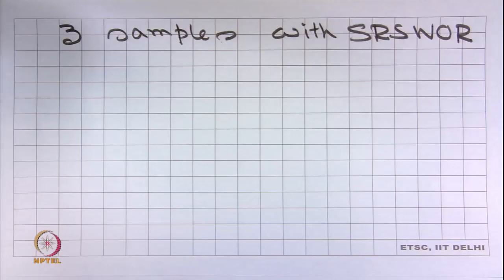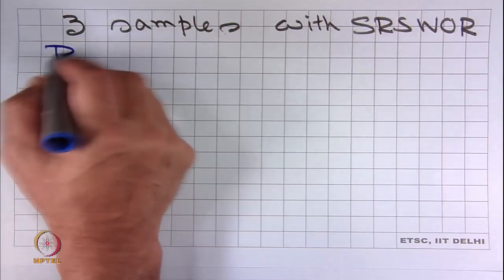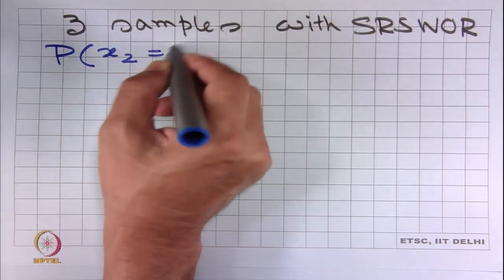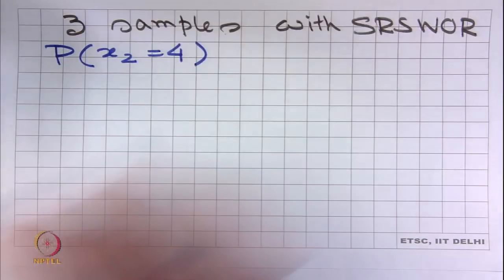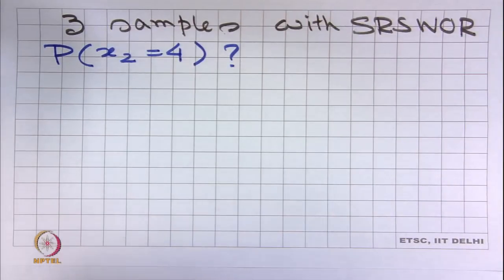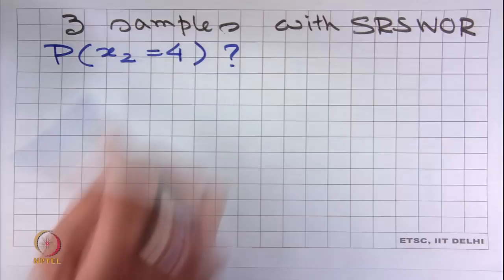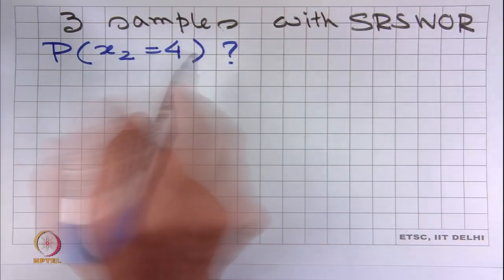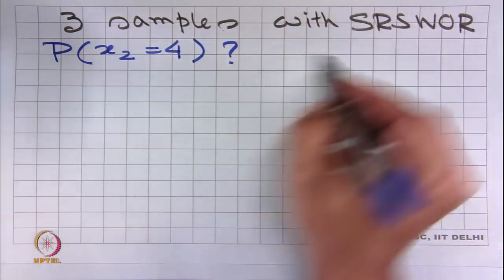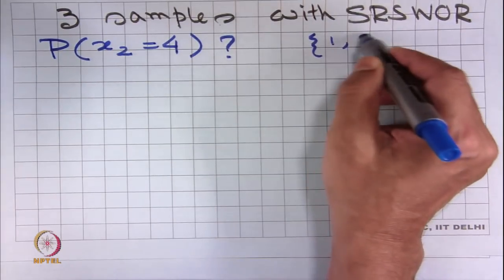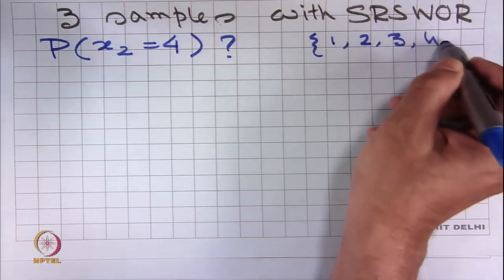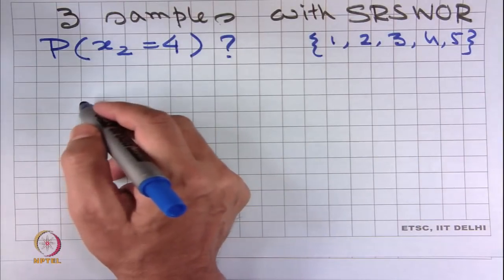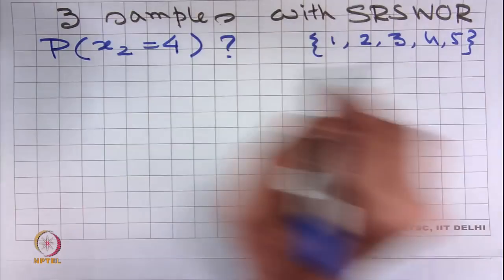Now, my question is, what is the probability that the second sample is equal to 4? Suppose I want to calculate what is the probability that the second sample is equal to 4. I am doing it for the second because for the first, we understand that if I am taking one from this population, then each one of them under simple random sampling has probability 1 by 5.